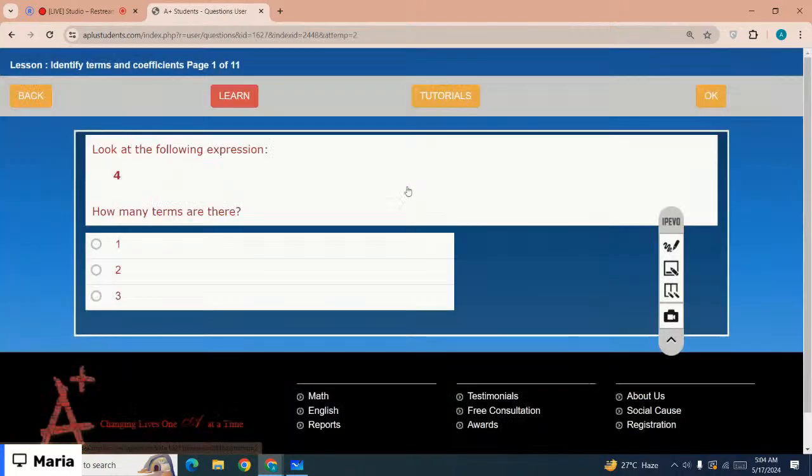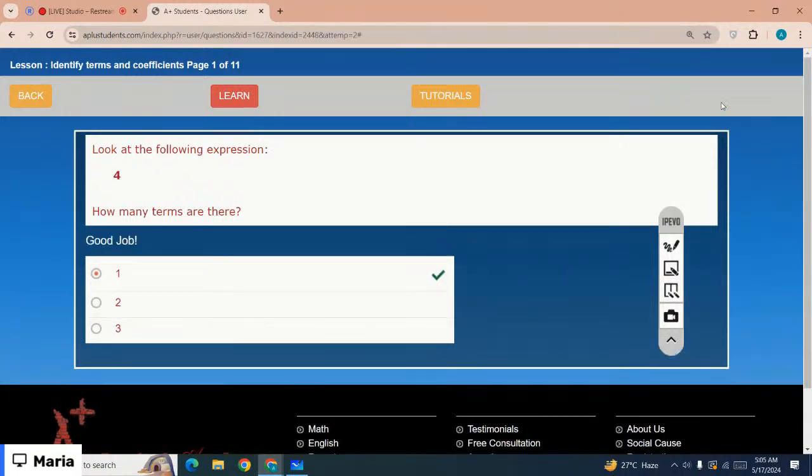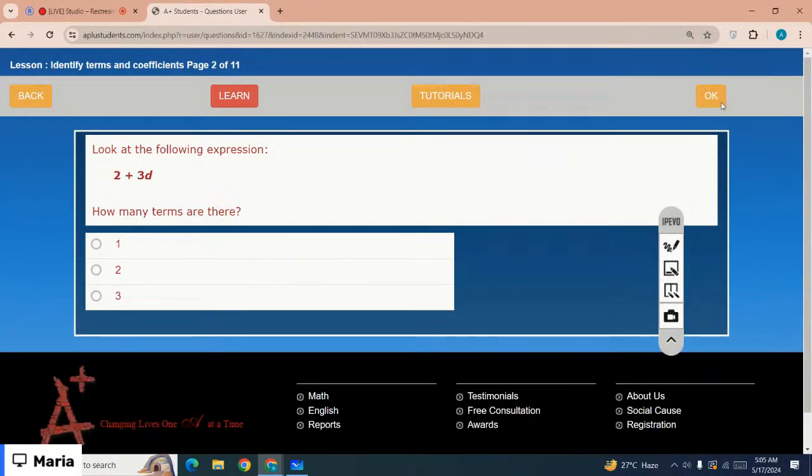Let's just start with the test questions. Look at the following expression. How many terms are there? Only one term. The correct option is 1. Look at the following expression. How many terms are there?